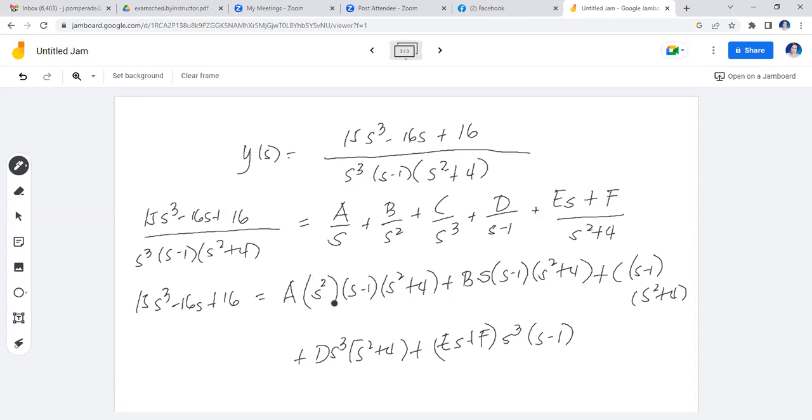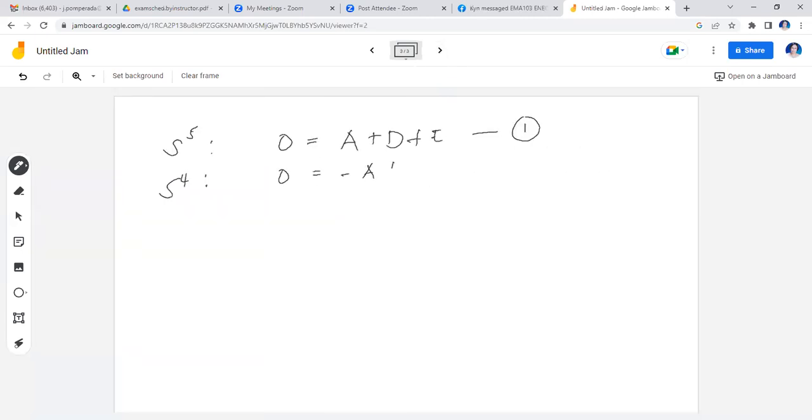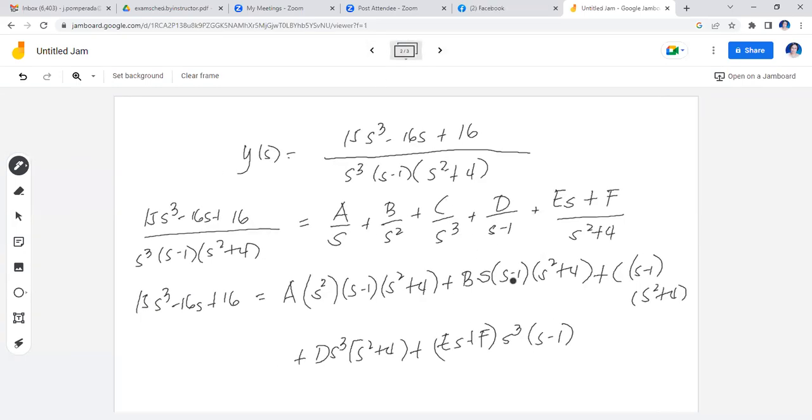So our S raised to 4 has only one term. We have only this one multiplied to this. Now, here we have this S squared times S, that's S cubed, times S, that's raised to 4. So you'll have a B. If this is multiplied to this and this, that's the same thing. If this is multiplied to this and this, that's just an S. So that's it.